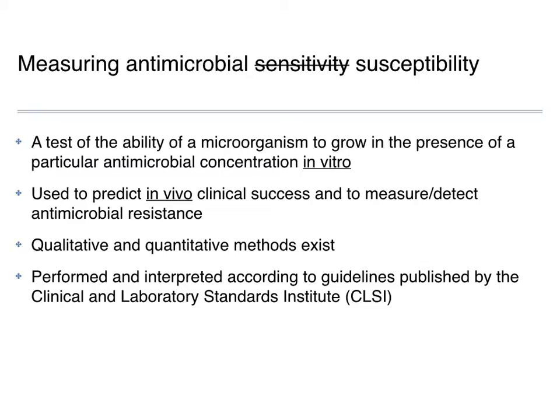There are both qualitative and quantitative methods that exist, and there's an organization, CLSI, that in the US tells us the methodologies and how to interpret MICs. All microbiology labs in the US adhere to CLSI guidelines when they're doing their MIC testing.